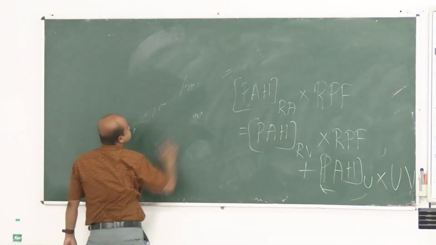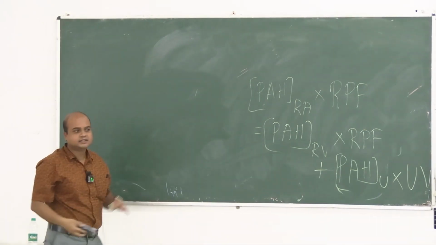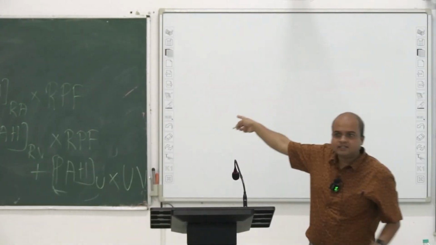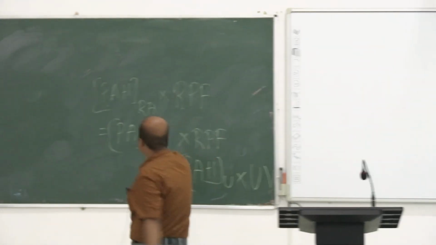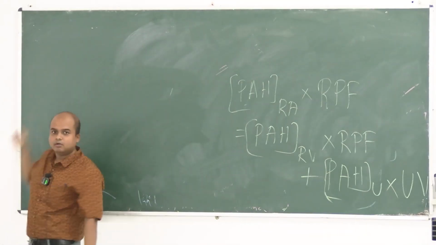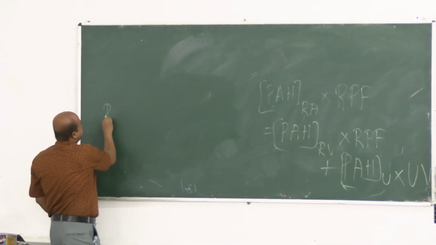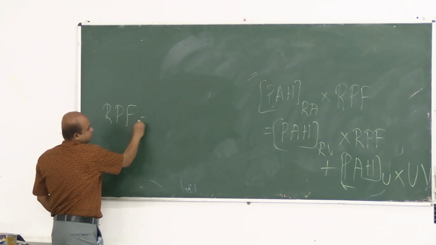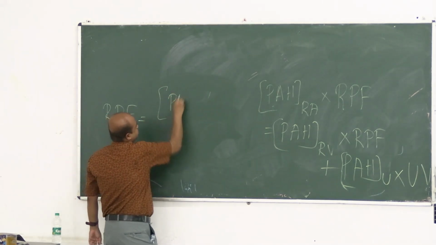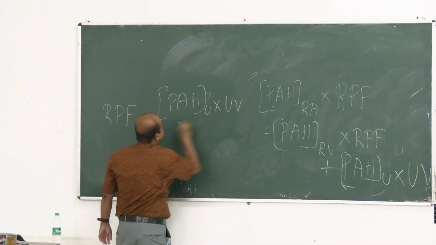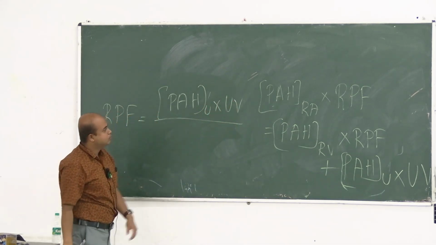Now if we rearrange this, what will happen? We will rearrange this for RPF. This will come on this side. Now can I jump one step? Simple mathematics. RPF is the urinary concentration of PAH into urine volume.